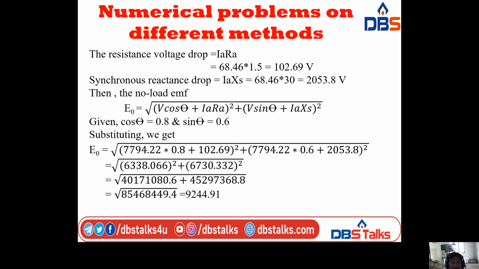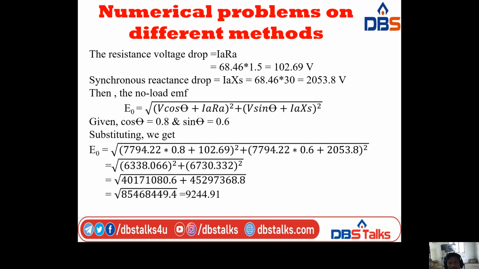Now the resistance voltage drop Ia Ra is 68.46 into 1.5, that is 102.69 volts. The synchronous reactance drop Ia Xs is equal to 68.46 into 30, that is equal to 2053.8 volts.